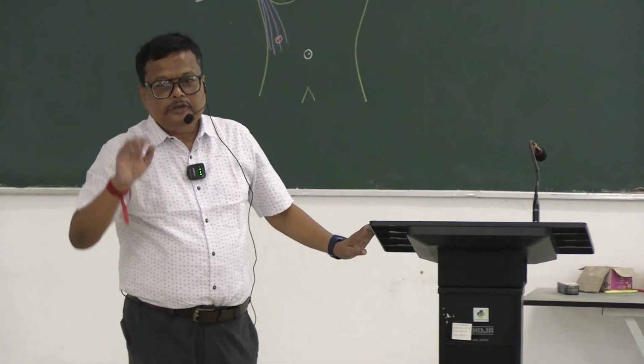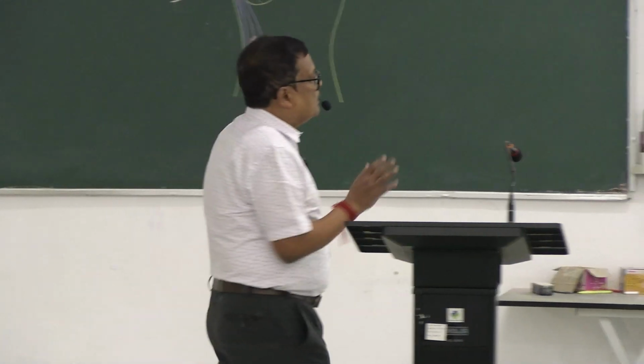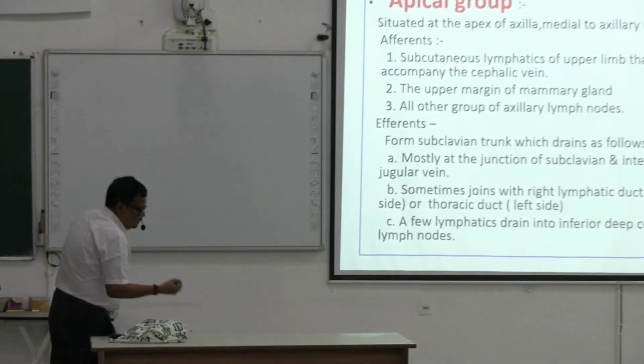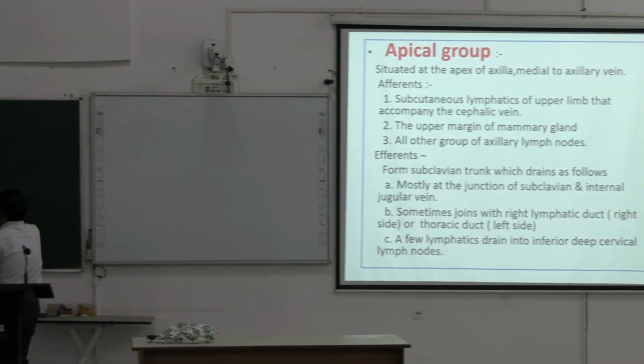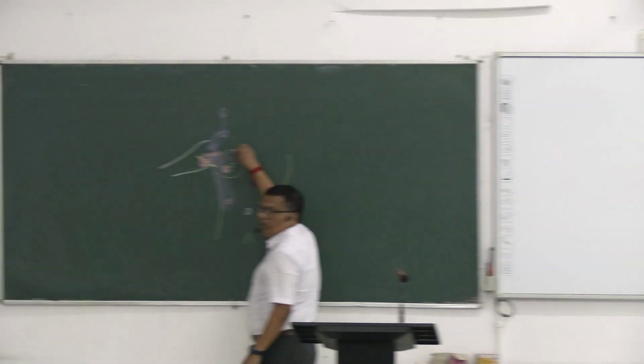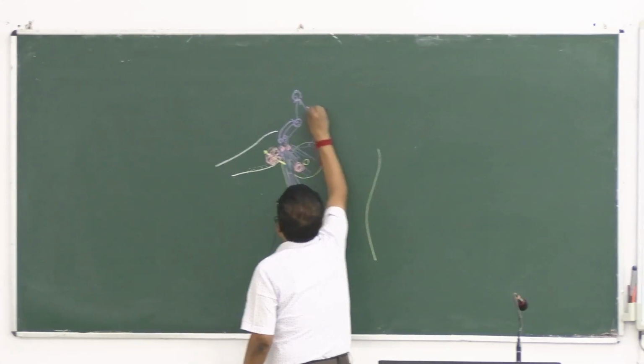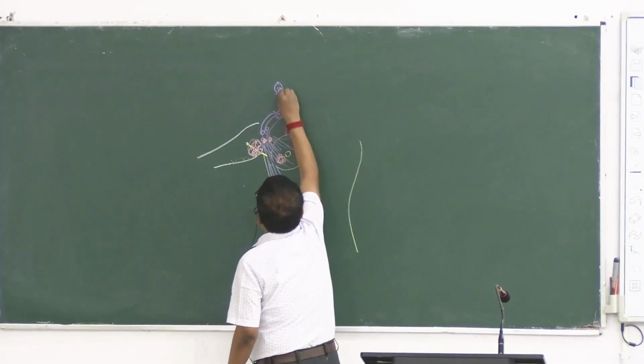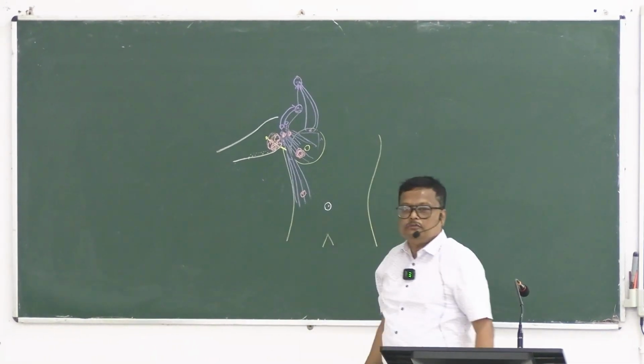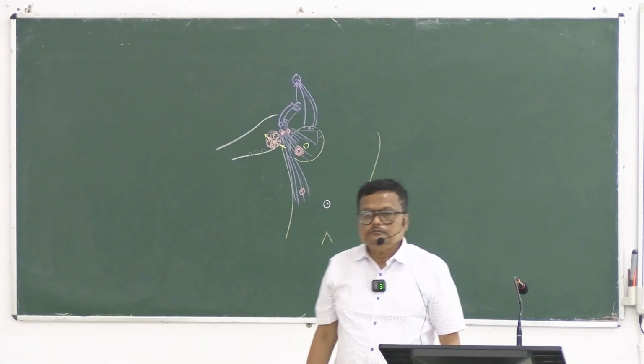There is some interception in the infraclavicular group. I will come to that later. I had left out the upper margin; see, this upper margin of the breast area goes directly to the apical group of lymph nodes.